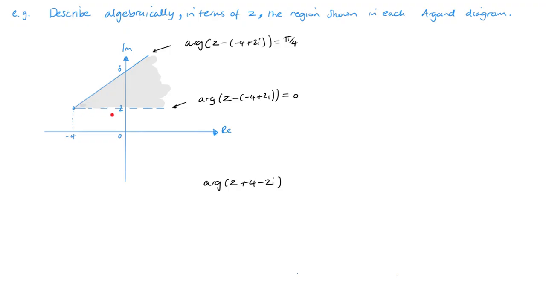I don't know if you can see that well on your screens, but this is a dashed line, so this one is just going to be greater than, whereas this one is a bold line, so that's going to be less than or equal to. So it's greater than 0, less than or equal to pi by 4. And that is the first one done.